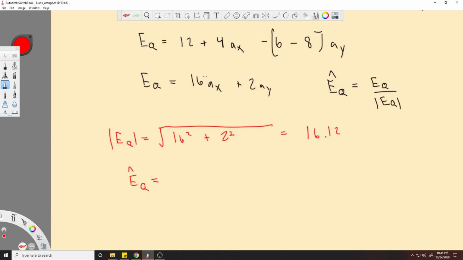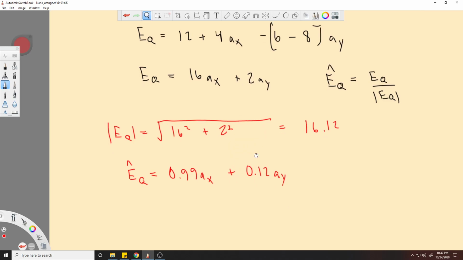I'm not going to write it all out, but just know I'm dividing this by 16.12 and this by 16.12. I'm just doing this to each component, okay? And that results in 0.99 AX plus 0.12 AY. And that's your final answer.